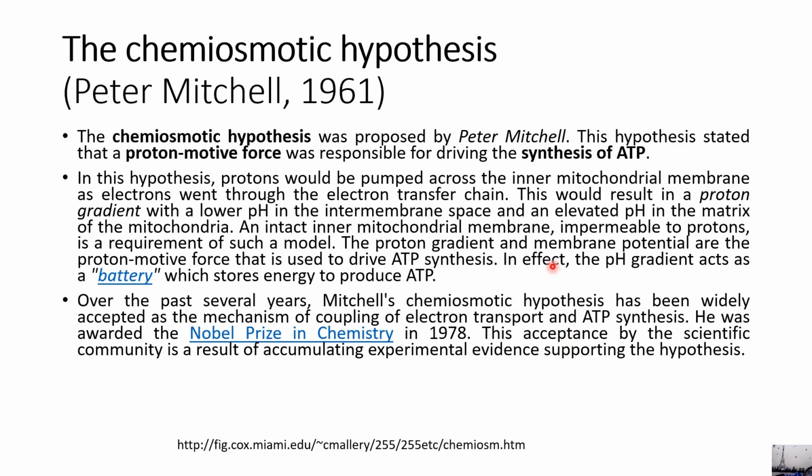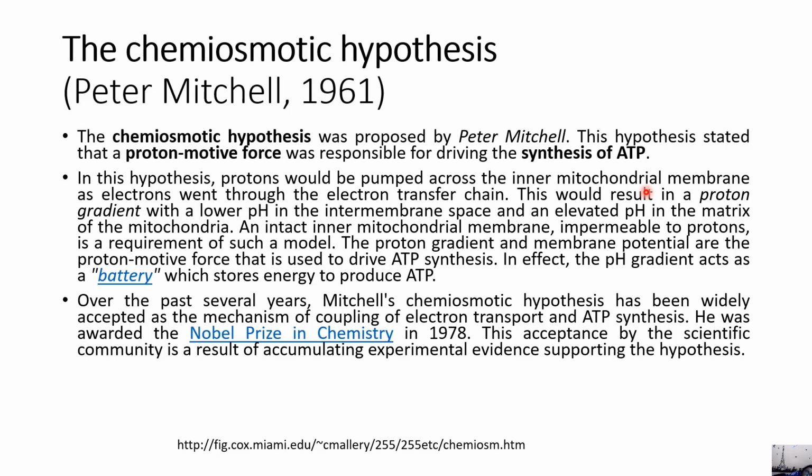it was proposed by Peter Mitchell, and this hypothesis stated that a proton motive force was responsible for driving the synthesis of ATP. In this hypothesis, protons would be pumped across the inner mitochondrial membrane as electrons went through the electron transfer chain, and this would result in a proton gradient with a lower pH in the intermembrane space and an elevated pH in the matrix of the mitochondria.